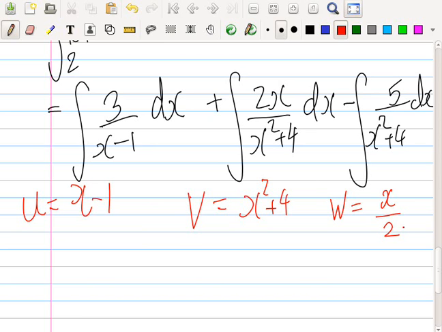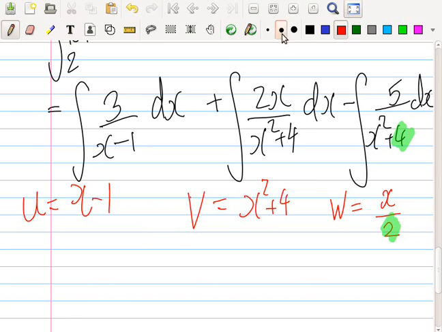And where I got the 2 from, I'm trying to make a tan inverse. How you got x over 2? Literally, Mohammed, I'm in the middle of explaining this. What I did was, I took the 4, took its square root, and put it under the x.